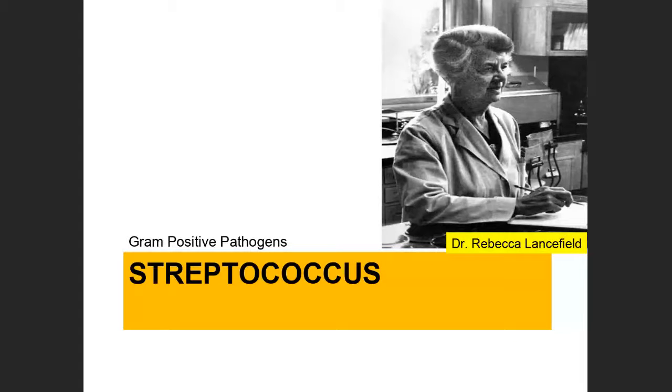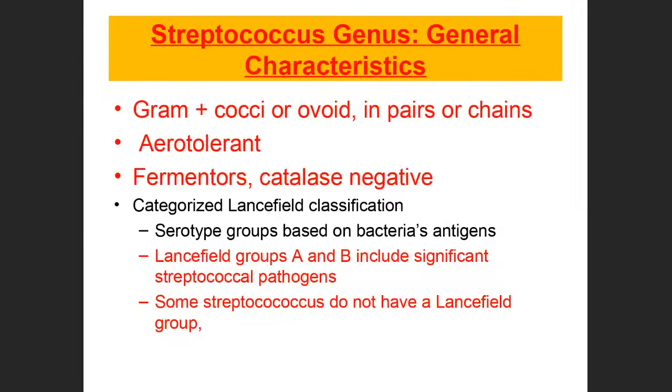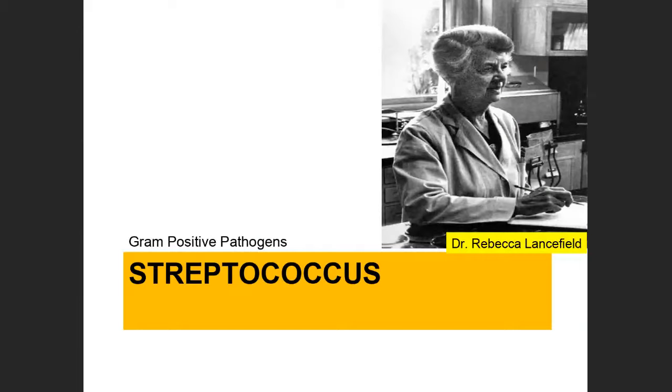The next organism is the Streptococcus, which is a genus that is closely, it's not related, but it's similar to Staphylococcus. Dr. Rebecca Lancefield worked on identifying Streptococcus in the 1950s.